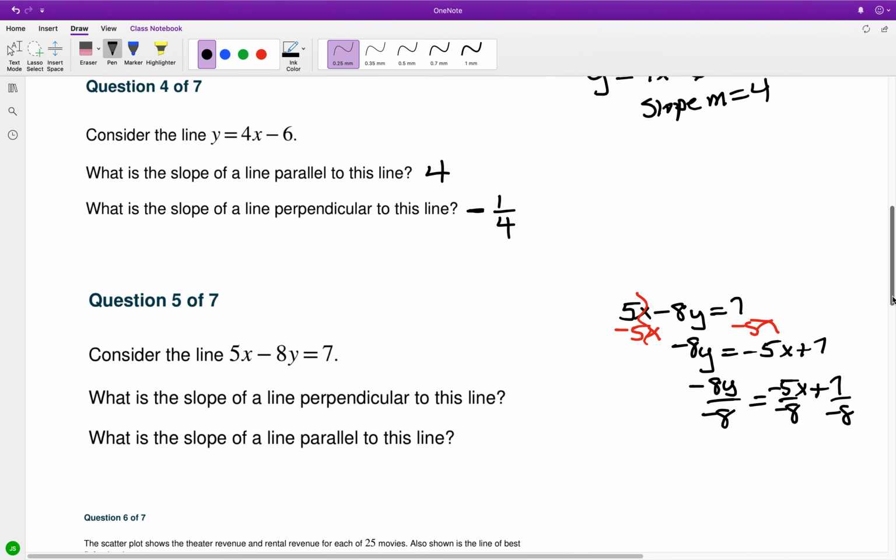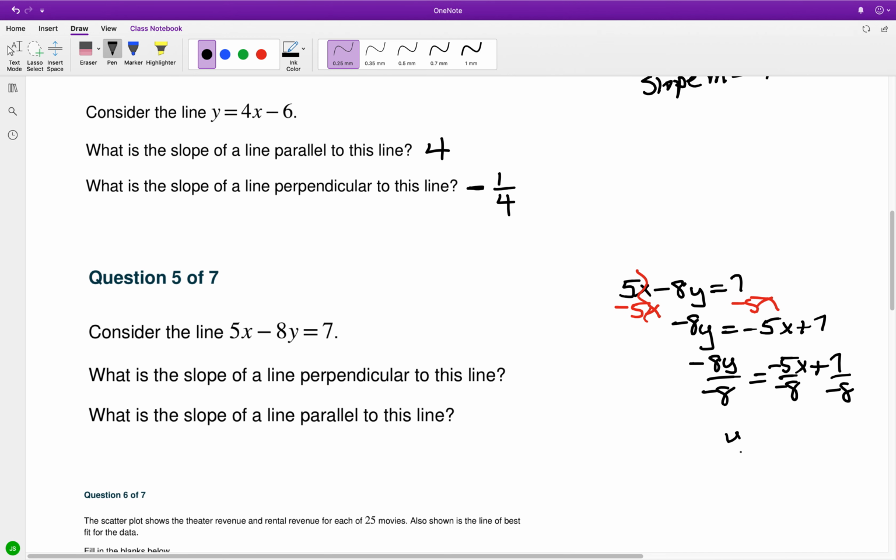So for the slope-intercept form, y is equal to 5/8 of x minus 7/8. So for the given line, the slope is equal to 5/8.